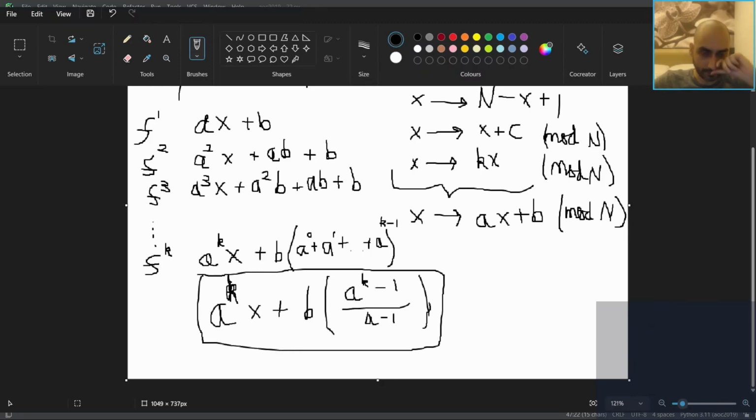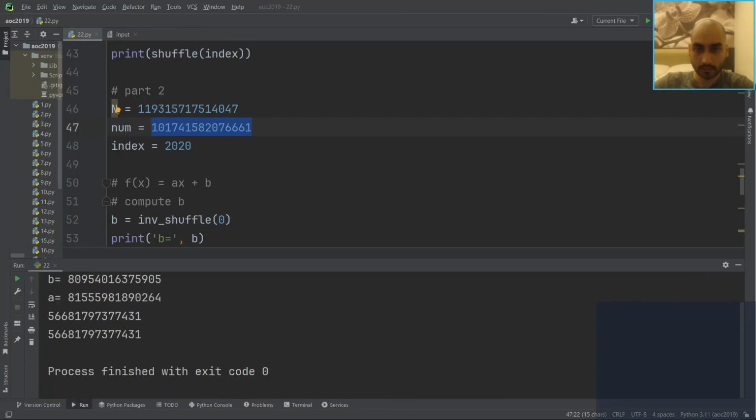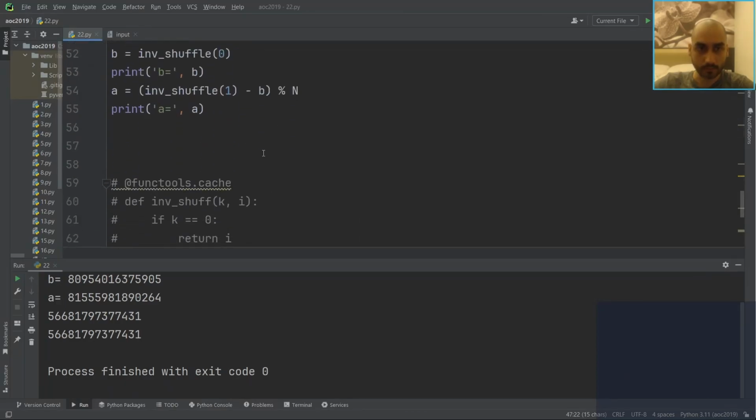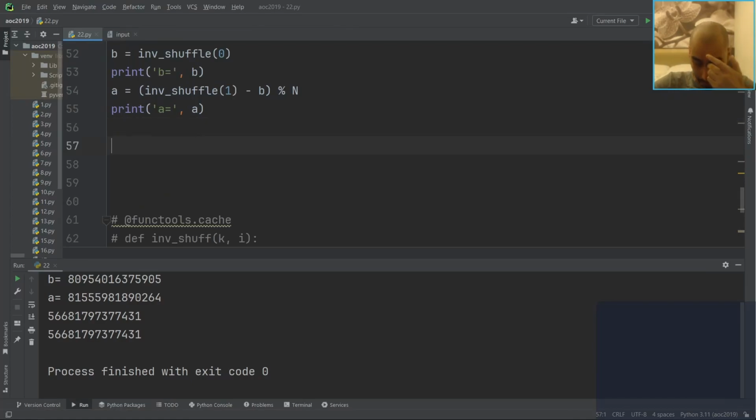But I mean, we're basically there now, aren't we? We're just applying it 2020 times here. So once we've got that, let's compute the B bit.